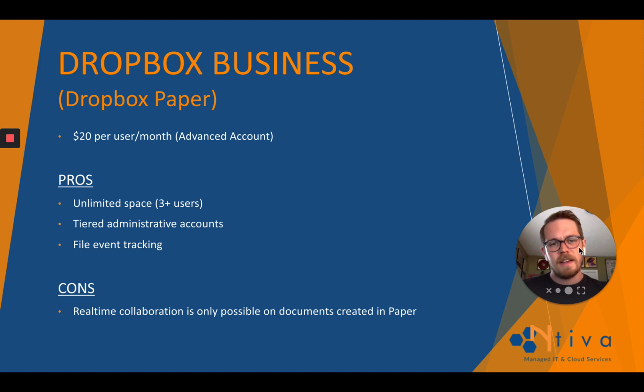And if you're running any kind of business folder structure, you need to have administrative control of what your employees can and can't see. So the pros: if you have more than 3 users, you get unlimited space. I believe they limit you to 3 terabytes if you have less than 3 users. And you have the tiered administrative accounts.